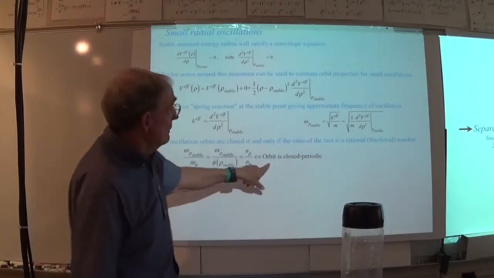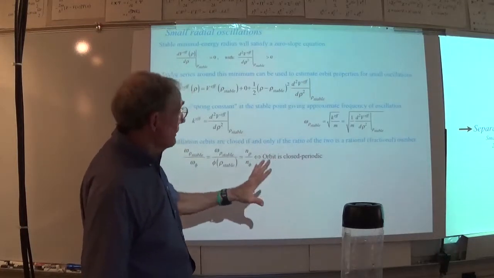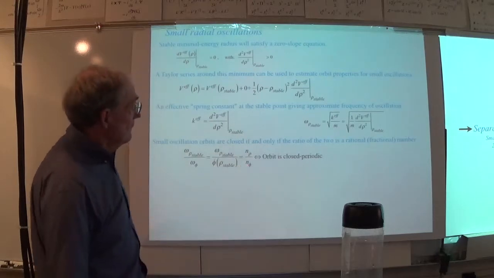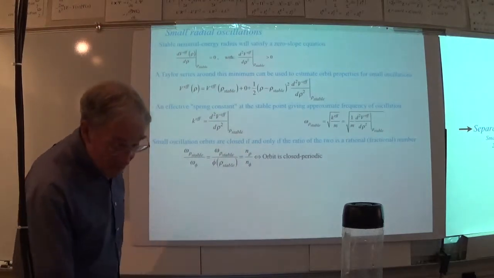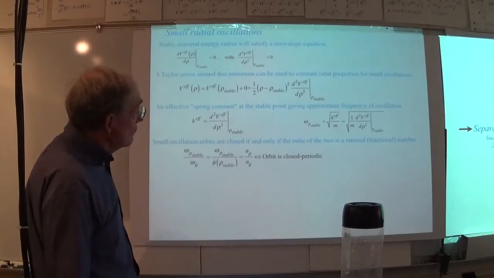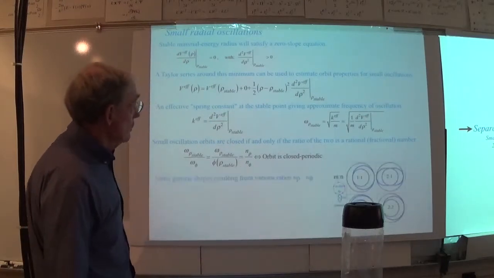And the orbit will be closed, a periodic orbit, if you can have an integer here in rho and another integer, or the same integer, which would be very often the case, 1 to 1, for the angular.